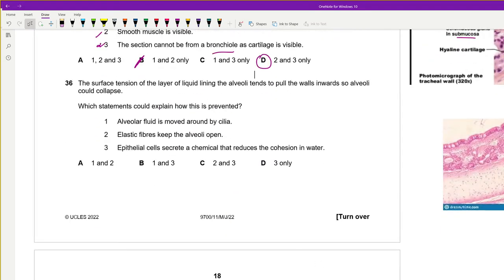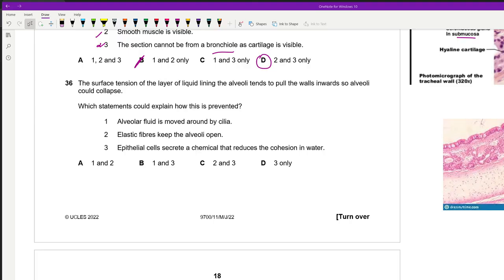I couldn't really find a picture for goblet cell online. Wait, let me see if I can find one. Give me a bit. Goblet cell in trachea.